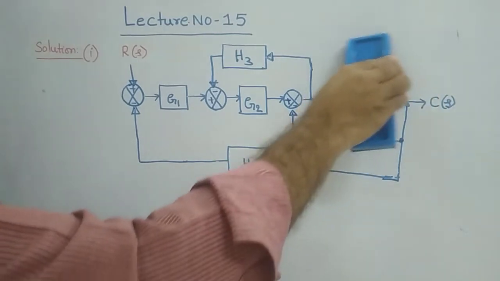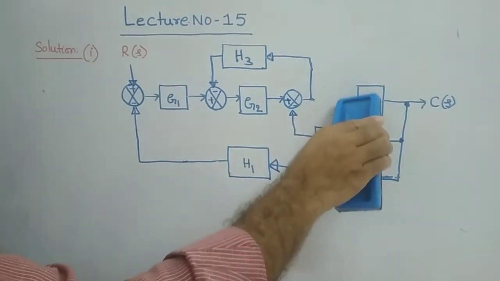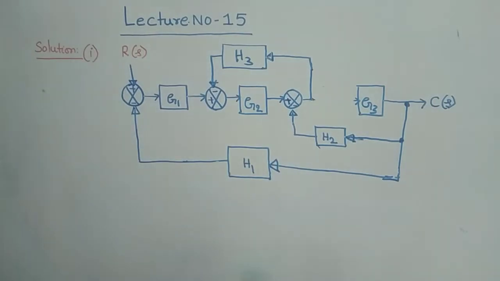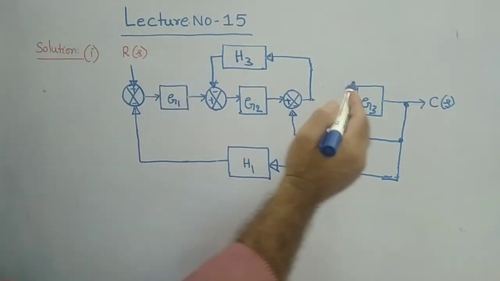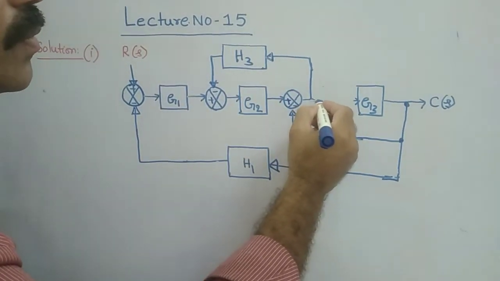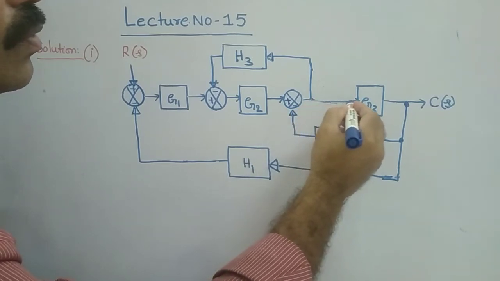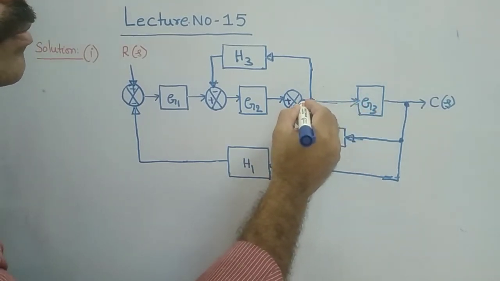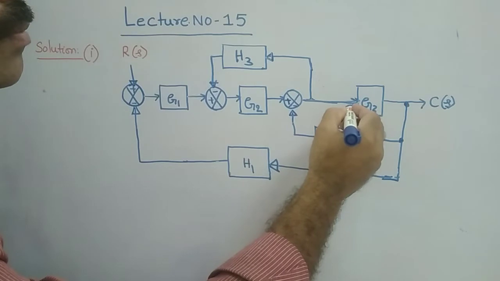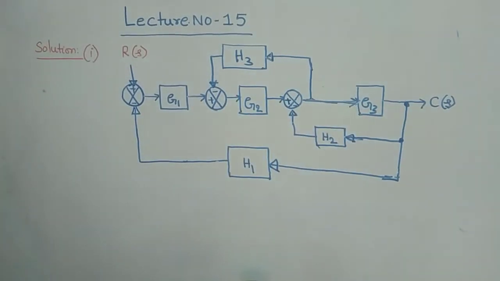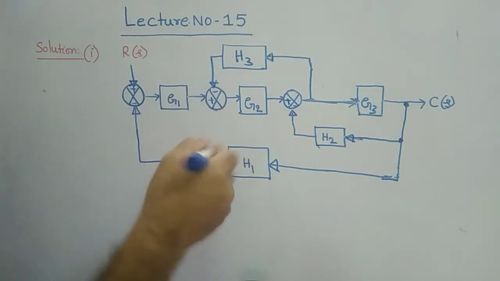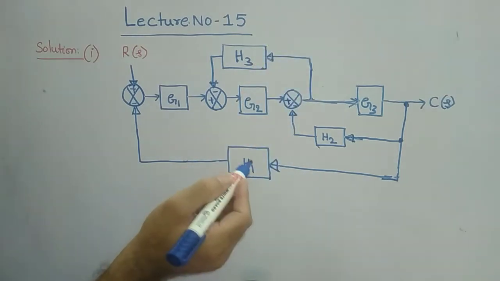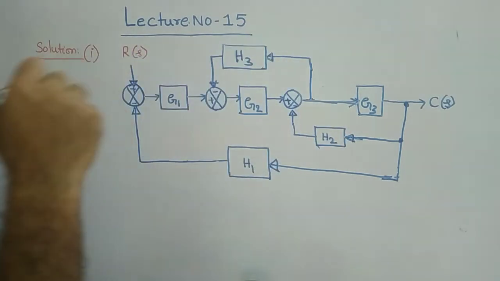Only we are considering station number 1. Therefore you do not have that directly. You just show this connection like this. That is your equivalent. You have to remove this summer point there.